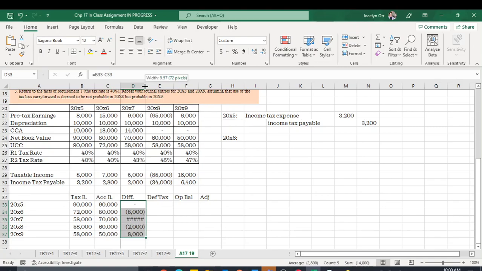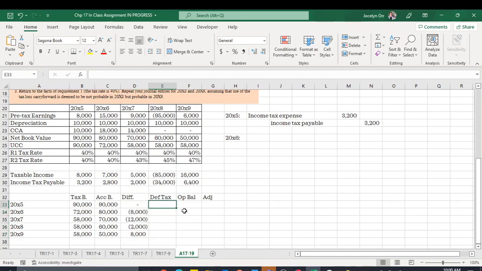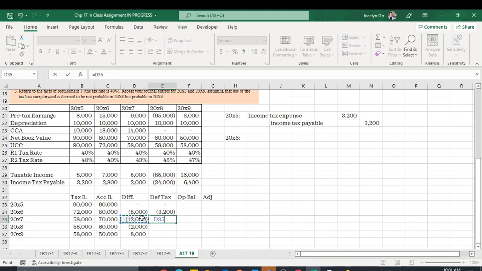And now I can make Excel do some of this work for me. I'm going to multiply my difference times the tax rate in each of those years. I don't think it will take the right one if I do it that way. Now it's 40% for each of these years.